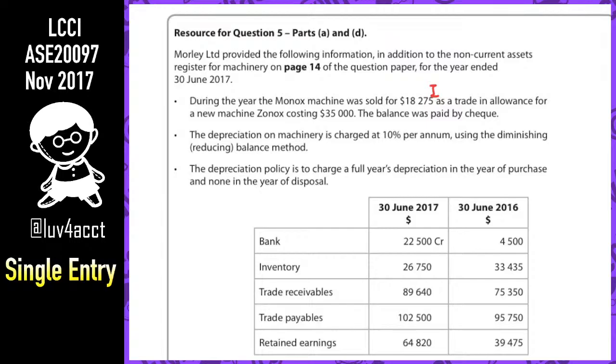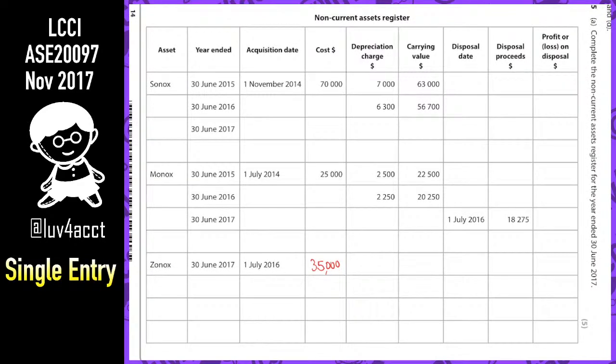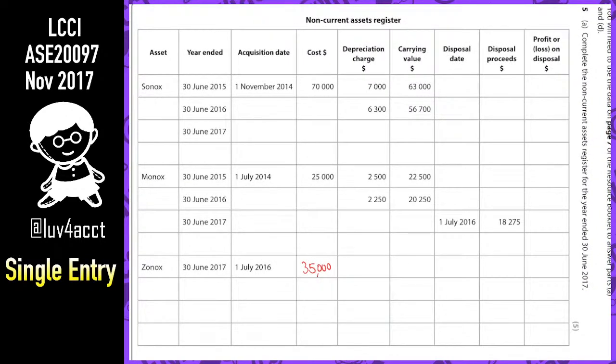So let us take a look. This 35,000 is the important aspect. So the first machine is purchased for 70,000. Then it depreciates for 1 year, second year, and now it is in the third year.